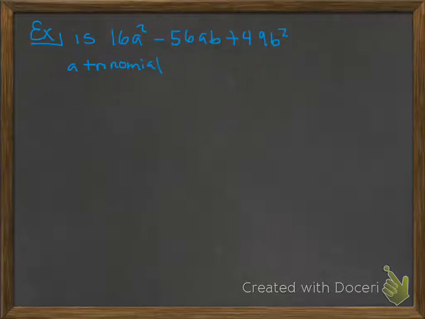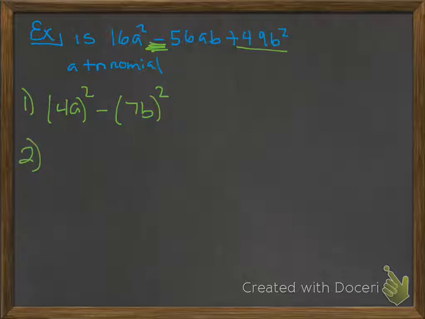Alright, another one. Is this one a trinomial square? So 1 would be 4a squared, and I'm going to again keep that first sign there, so minus, and this back one would be 7b squared. So that works. 2, there are no negatives in front of the 4 or the 7. There is the negative right there, but it's not attached to the 7, so 2 is okay.